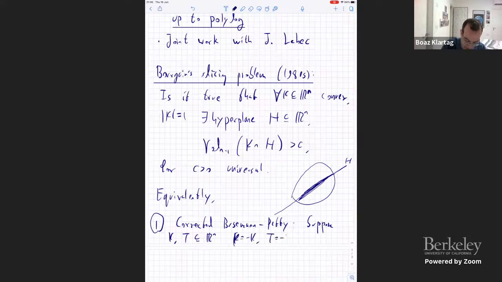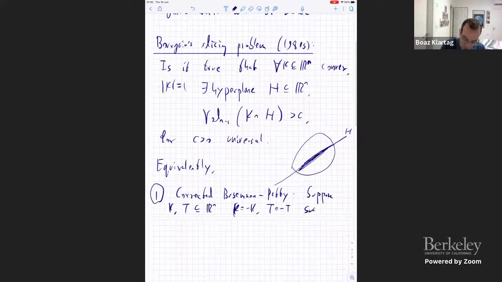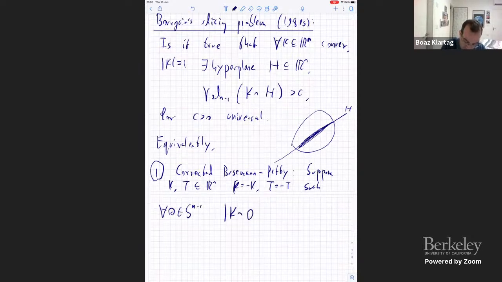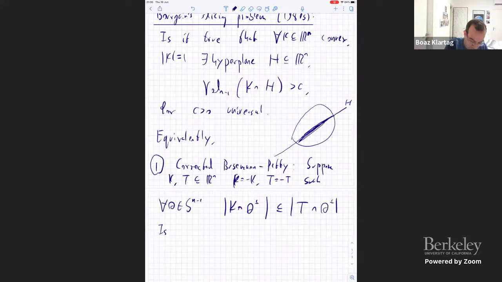And assume that for any hyperplane through the origin, the volume of the intersection of K with this hyperplane is smaller than the volume of T with this hyperplane. If I put these two bars, I mean the size of the object, so it's (n-1)-dimensional volume here. So you know that for all sections, the volume of K is smaller than the volume of T. So is it true that the volume of K is smaller, up to some universal constant, than the volume of T?